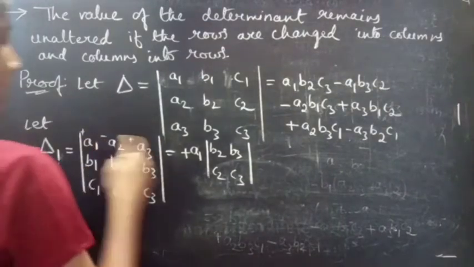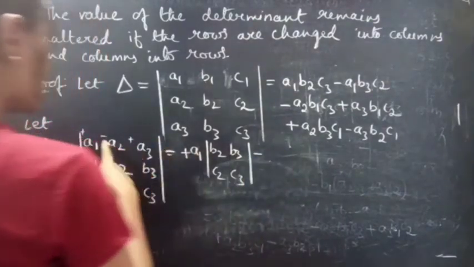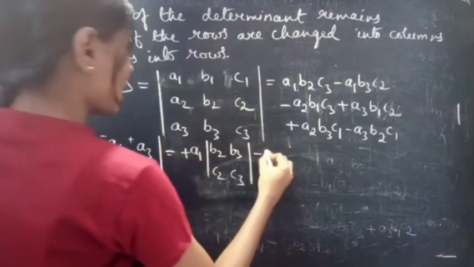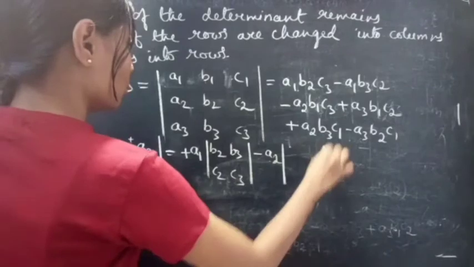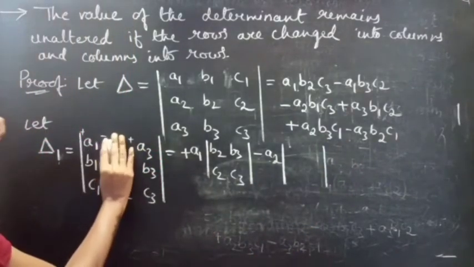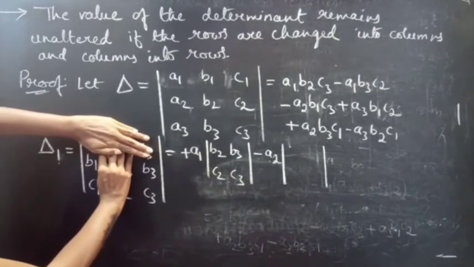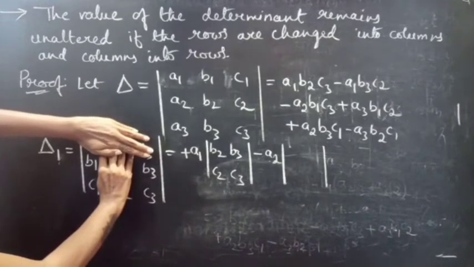Minus, you have to change the signs alternately, so minus A2 into the determinant excluding the row and column containing A2.